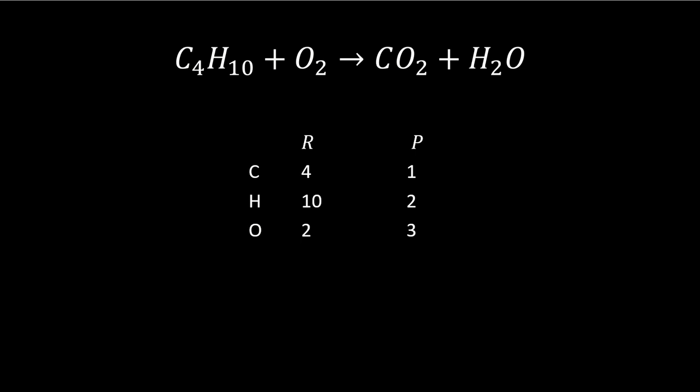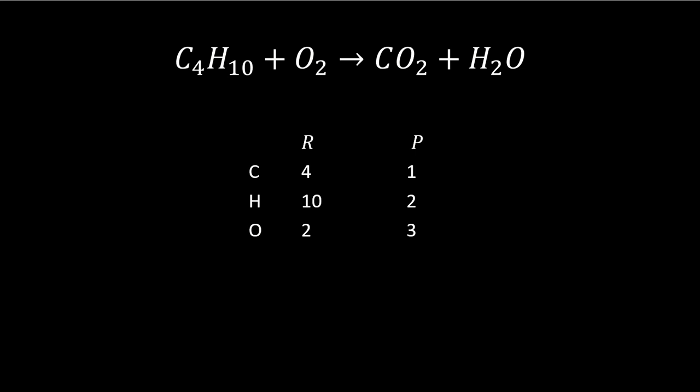So for this particular problem, it'll be easiest for us if we try to get a number of oxygen that's even. Well, let's say we try to balance the number of hydrogen. There's 10 hydrogen represented on the reactant side, and hydrogen only shows up on the product side as part of water.